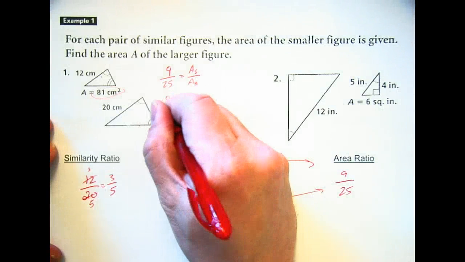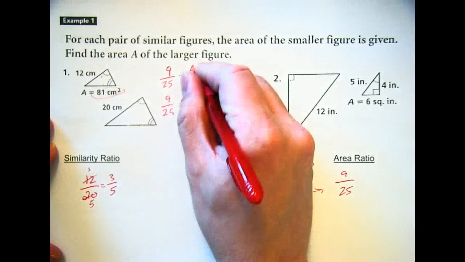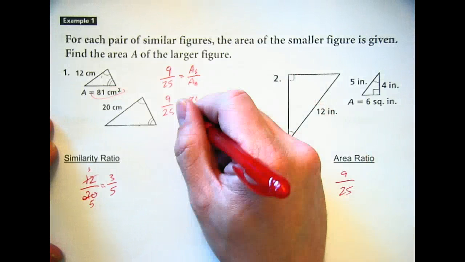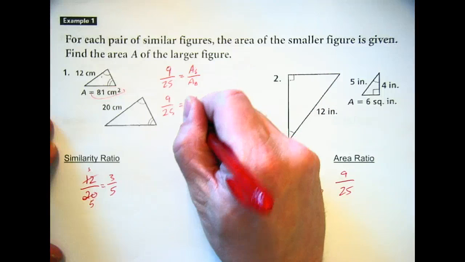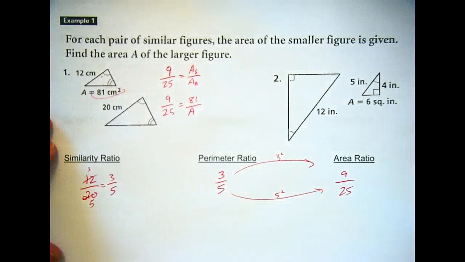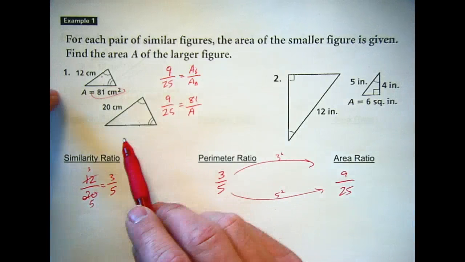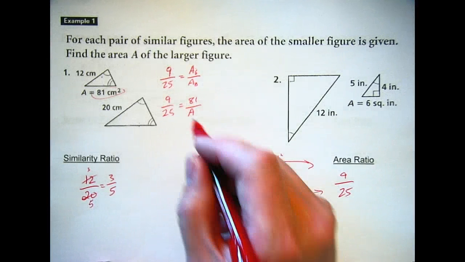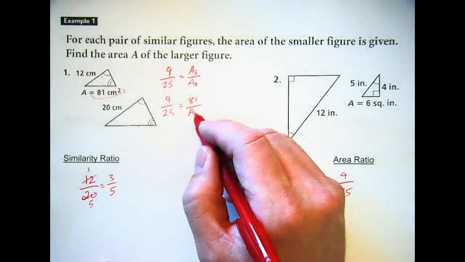So 9 over 25 equals 81 over X or A or whatever we want to call it. I'm going to leave it as A here. Any questions on how we set that up? So if we have the similarity ratio, we can find the area ratio and then use that to find the area. So what do we do to solve this?